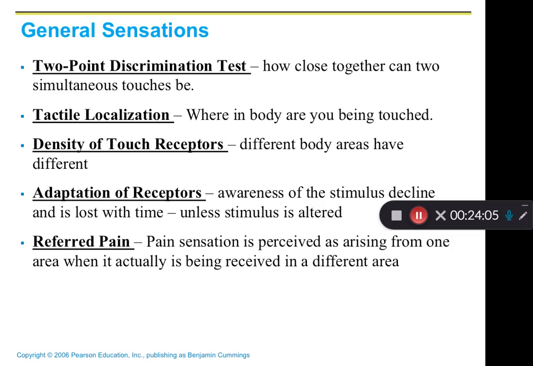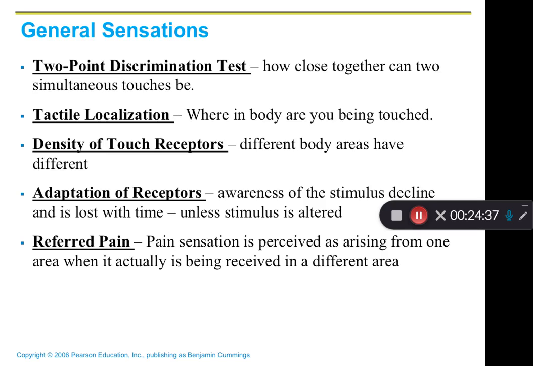That's because the parasympathetic nerve fibers that innervate the heart travel with nerve fibers that innervate the left arm and the mouth together to the brain.